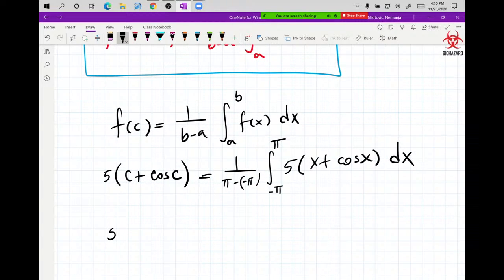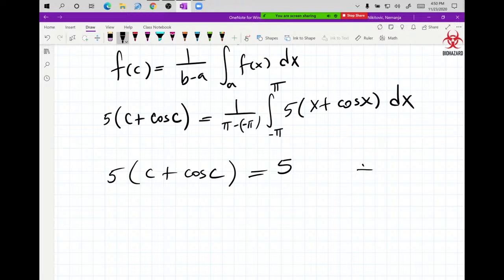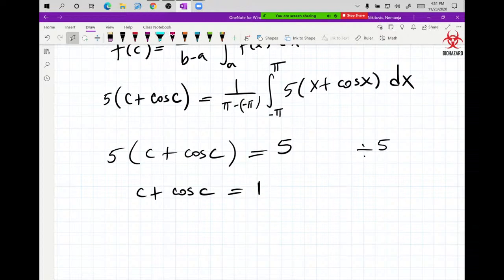So you have your 5c plus cosine c is equal to 5. We already did this. When you divide both sides by 5, you get that c plus cosine c is equal to 1. And now you have to solve this equation. So that's going to be cosine c is equal to 1 minus c.